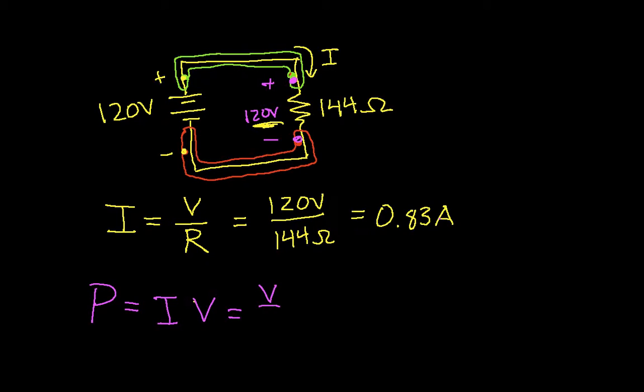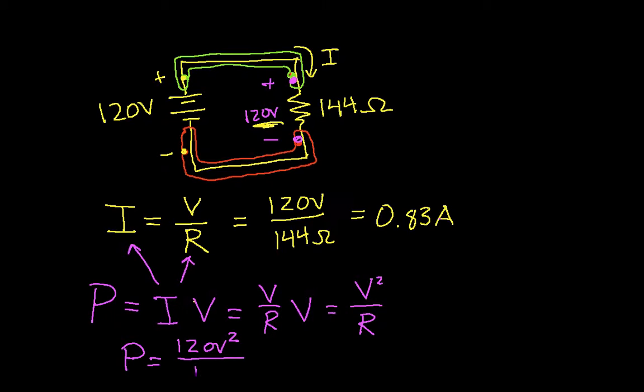So I can write this as V over R. You can see I've taken this I and replaced it by V over R times V, or I can simplify this as V squared over R. So in this example, my power is equal to 120 volts squared divided by 144 ohms. And when I compute this, it turns out to be 100 watts, which is good. That's what I started with.